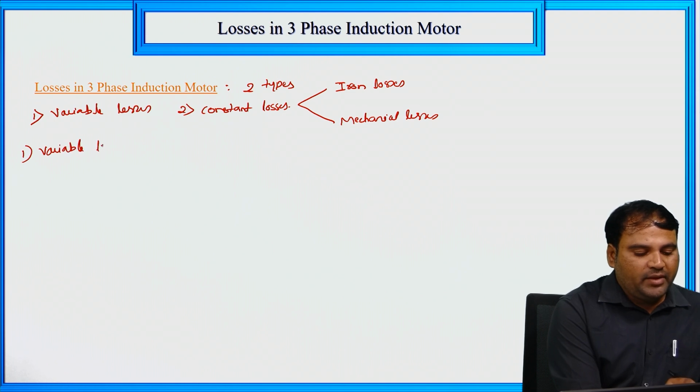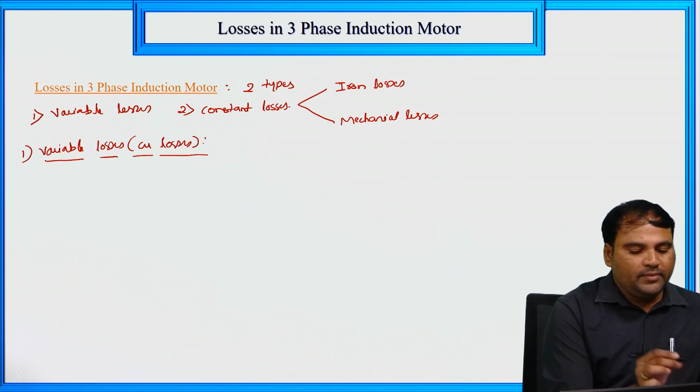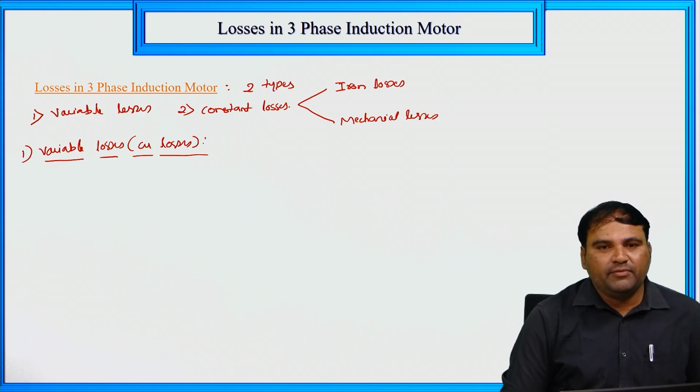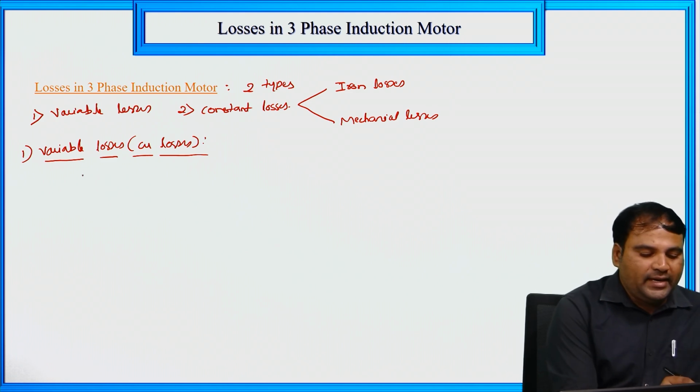These variable losses we can also call copper losses. The copper losses are nothing but the power wasted in the form of I square R losses, and these types of losses occur at the windings of the stator and rotor.